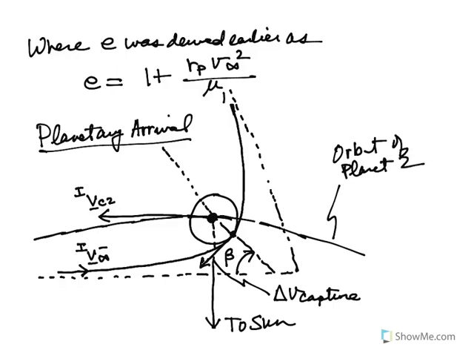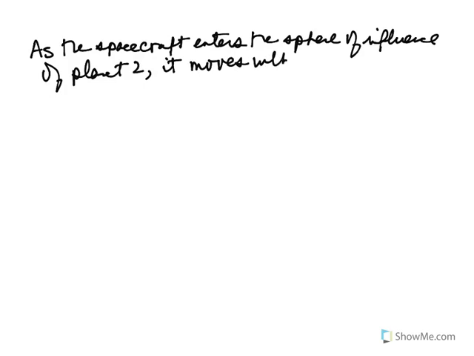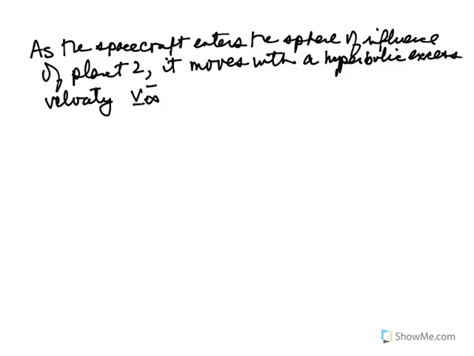So now we can go through the same excursion with planetary arrival as we did with planetary departure, which is that as the spacecraft enters the sphere of influence of planet 2, it moves with a hyperbolic excess velocity v infinity minus.